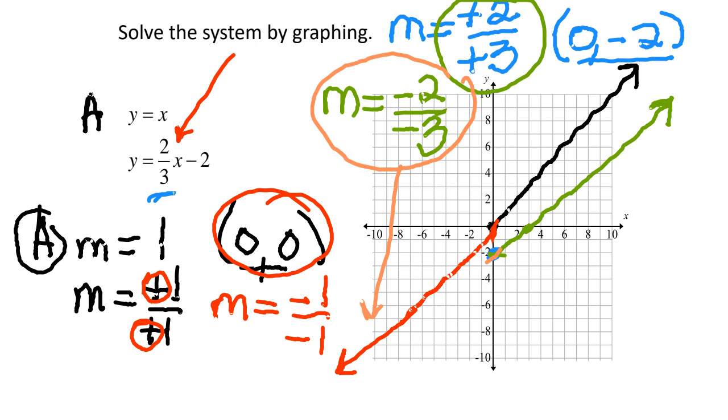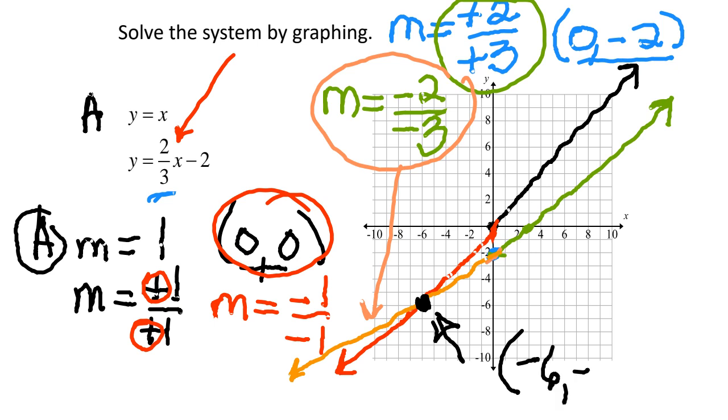The reason I'm doing that is I have something right here. This point, when I accurately graph the 2 lines, is going to be negative 6, negative 6.